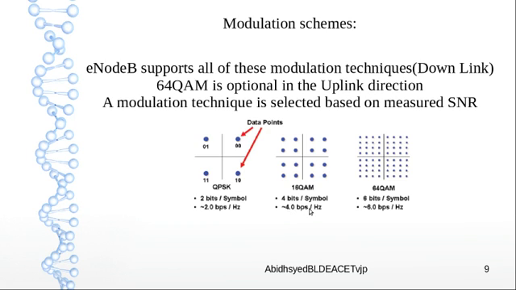Similarly here you have 64 QAM, where 6 bits are combined, so that is why it is 64 QAM: 2 to the power 6 is 64. So depending upon the number of bits combined, it is called 64 QAM, 16 QAM, or QPSK.